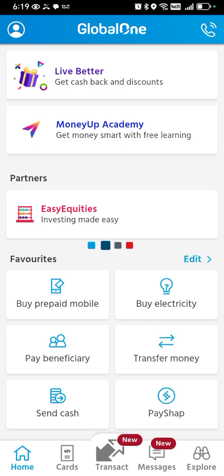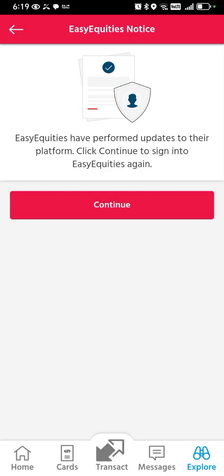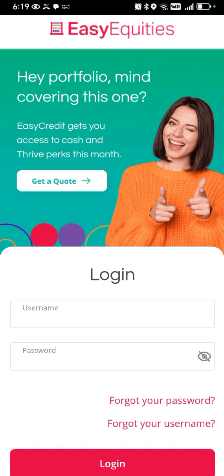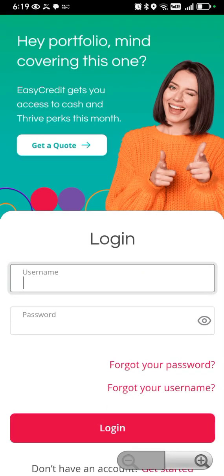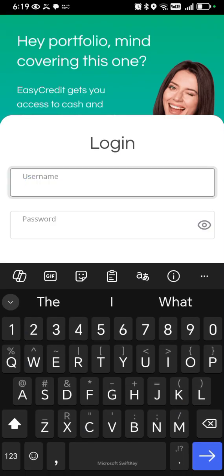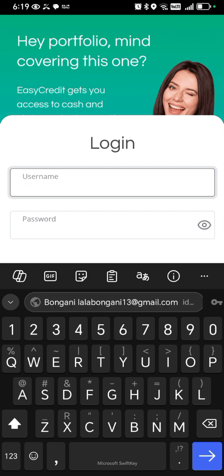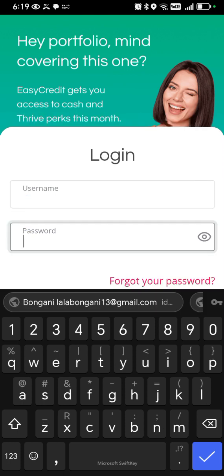It's loading, it's taking some time to load. Then you can press continue. Let me press continue so that I enter. Okay, then this is going to require my password and my login details.